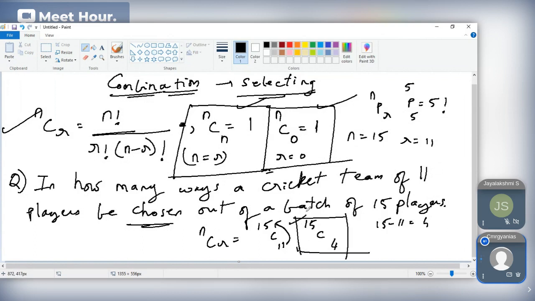Now you put these numbers in this formula and give me the final answer.